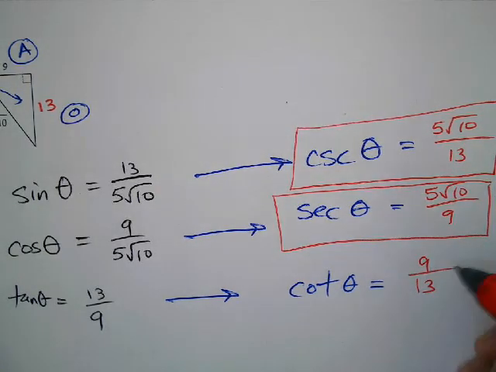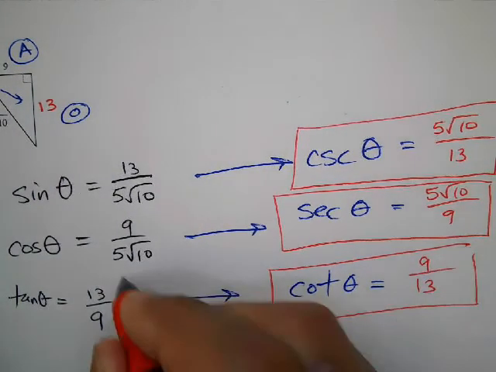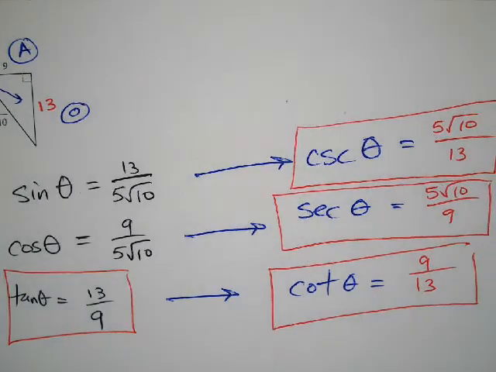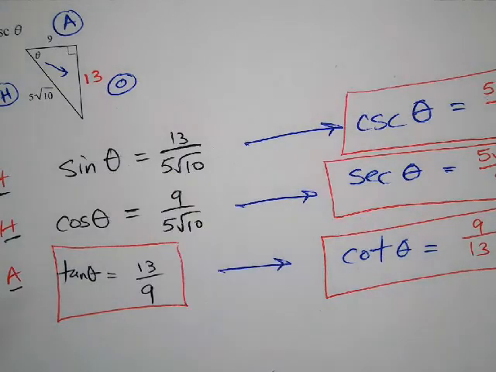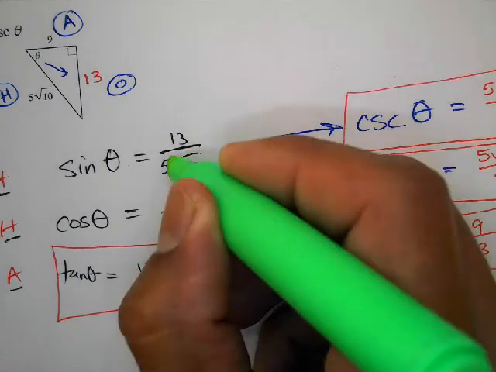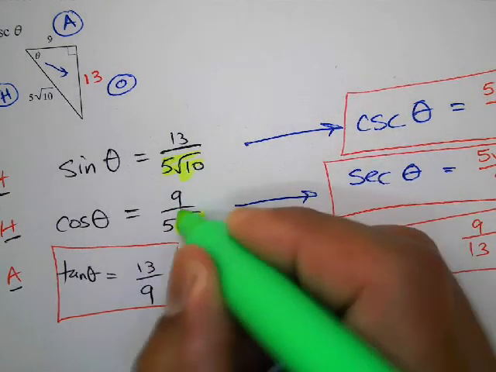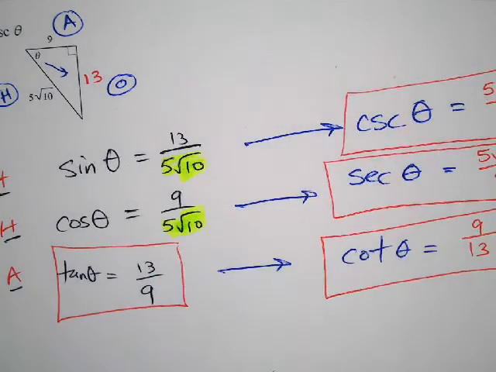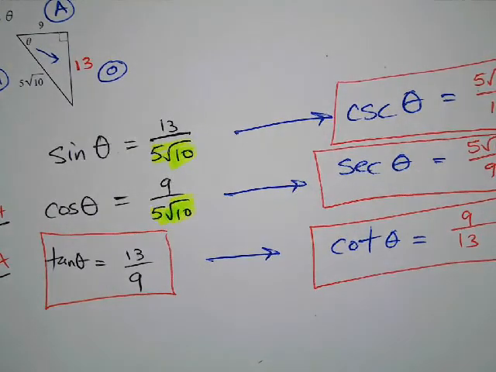These are okay because they're just whole numbers, right? We can't reduce them, so those are fine. And this is why I tell you to wait to the very end. Now the only ones you have to fix are these two, because you cannot have this square root on the bottom. Actually, it's only the root 10, right? But you can't have that in the bottom.